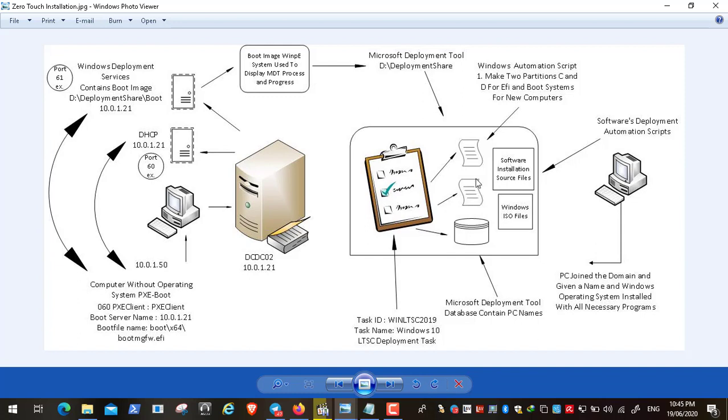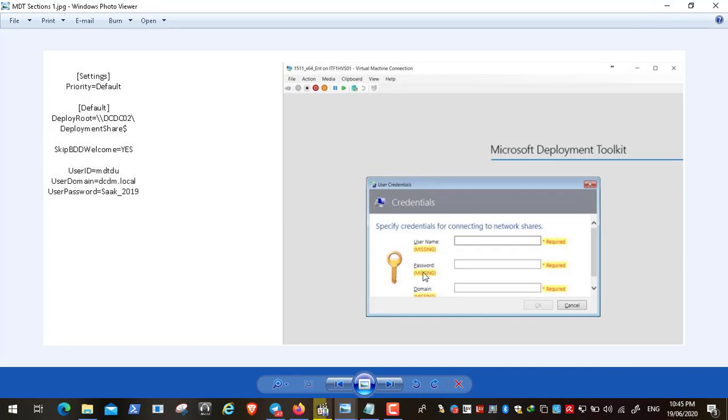Okay, so this is the first thing it asks you when you boot: when the workstation begins working, it will run the boot image. This is the first thing that the Microsoft Deployment Toolkit will ask for, a username and password in the domain that have access to the deployment share.